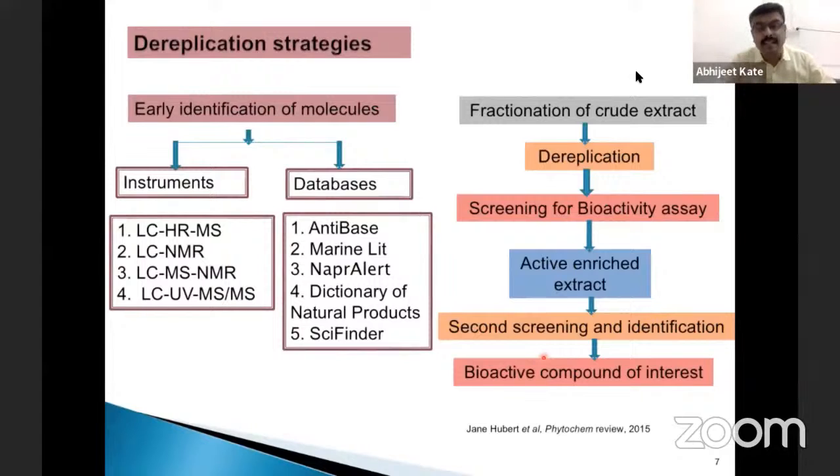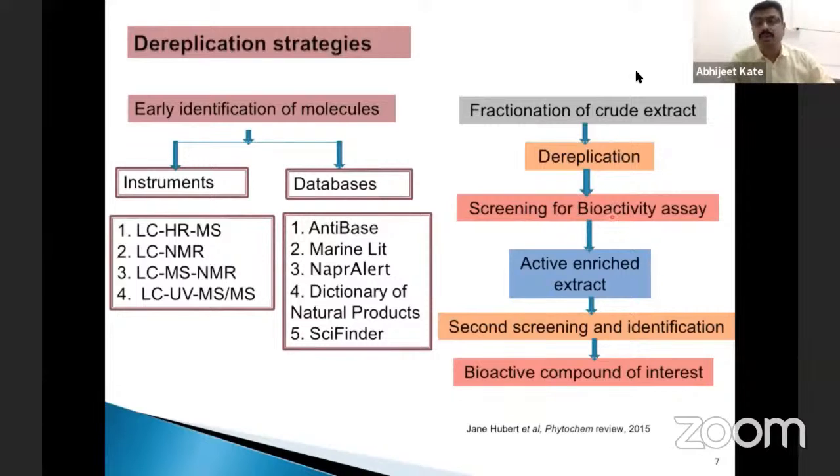In another way, imagine that you change the second position of dereplication to the third position. Now what will happen? All 100 you have to test for bioactivity. Then the bioactive ones you will perform dereplication on, and then you go forward.